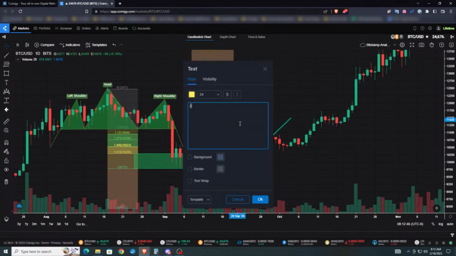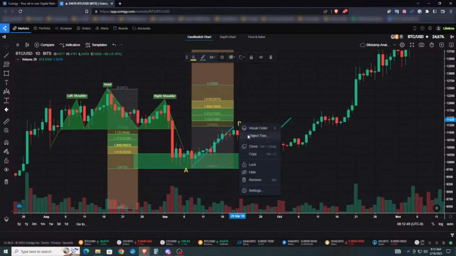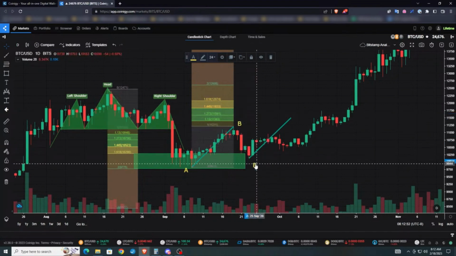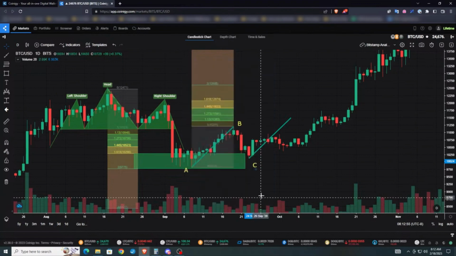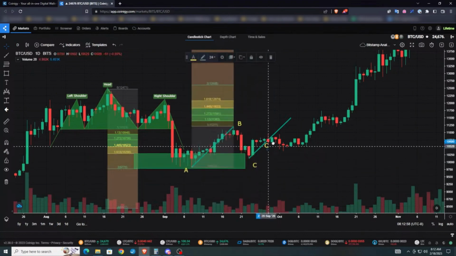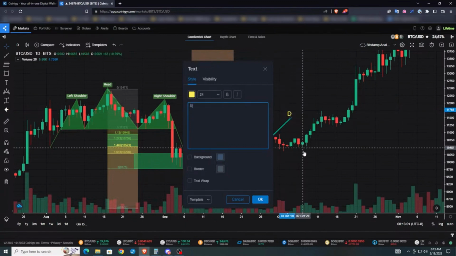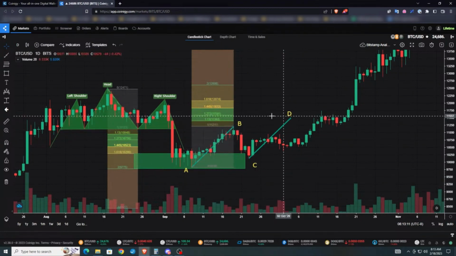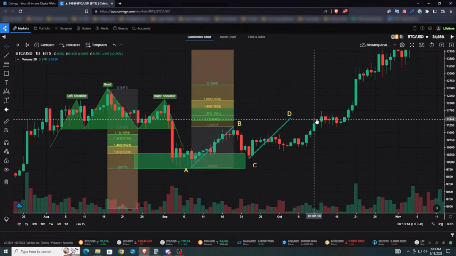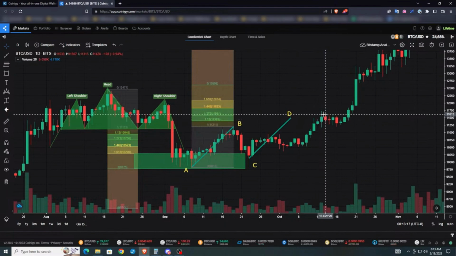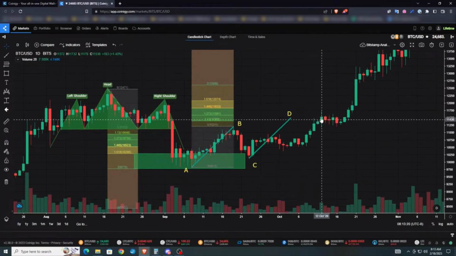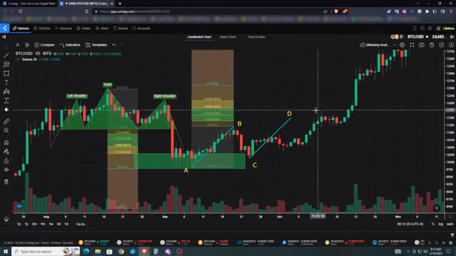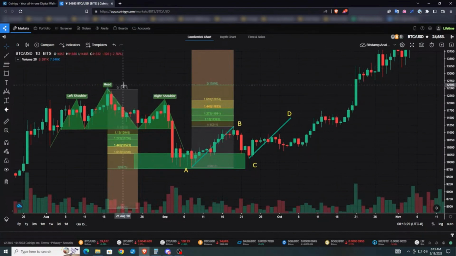B. C. And D. And quite often what works really well is if you can draw out an A, B, C, D, and then align it with an extension level, then that identifies a very important level going forward, and you can see how the market rallied into that level and then had to consolidate for a week or so following that to actually move higher. So there's a really good example.